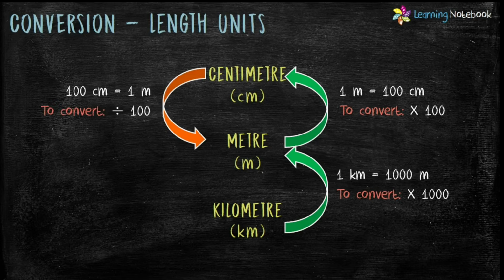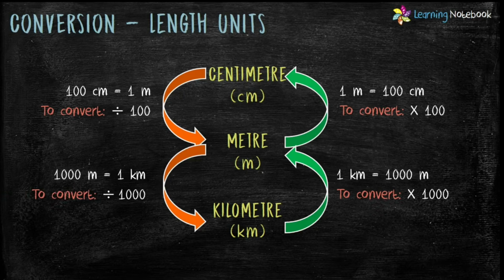Now 100 centimeter equals to 1 meter. So to convert centimeter into meter, divide by 100. And 1000 meter equals to 1 kilometer. So to convert meter into kilometer, divide by 1000.